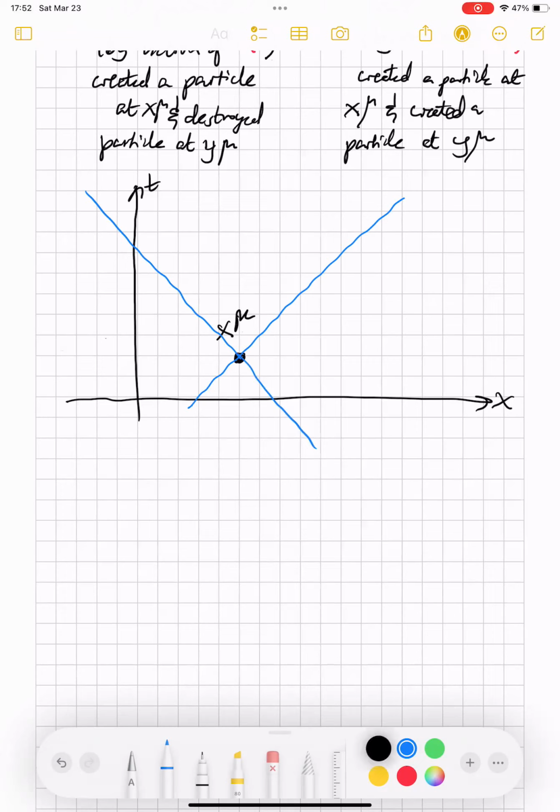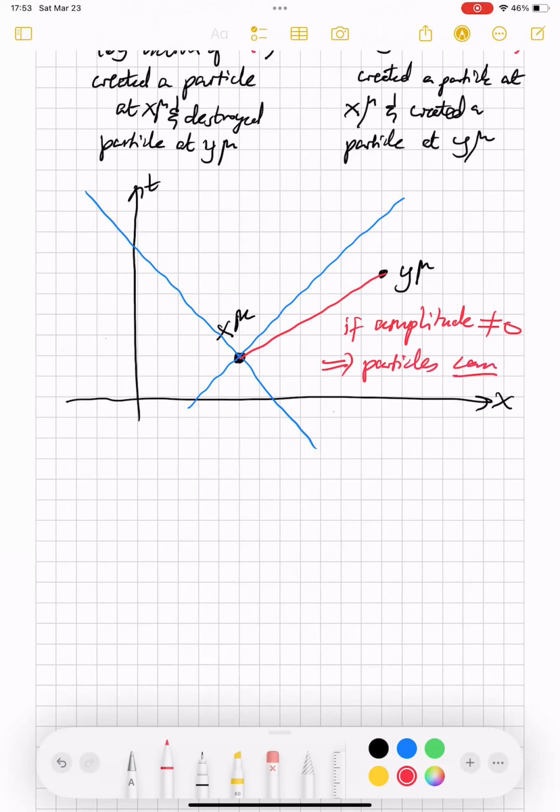Now, we could ask ourselves, what is the amplitude to detect a particle at this position y^μ? Because y^μ is outside of the light cone, if the particle that was created at x^μ is detected at y^μ, so if this amplitude is not equal to 0, then it means particles can move faster than light.